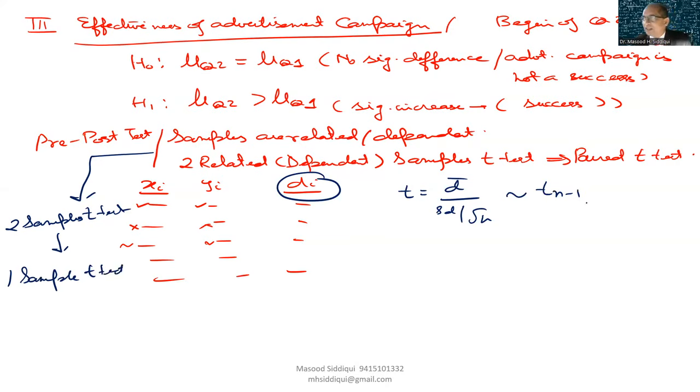You can say that this paired t-test is actually a one sample t-test. It behaves like a one sample t-test. Okay, so that's why this is the hypothesis that we use.